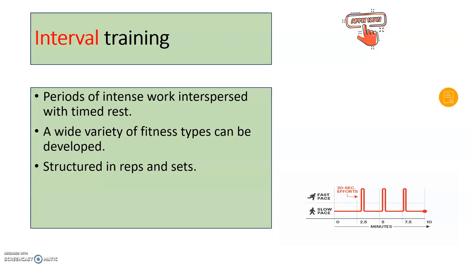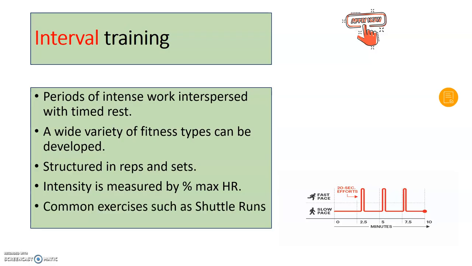So once we've finished, let's say, 12 repetitions of a free weight, an arm curl for example, and then we've completed our first set of those 12 repetitions, then we may rest for 30 seconds to a minute. And again, intensity is measured by the percentage of our maximum heart rate.